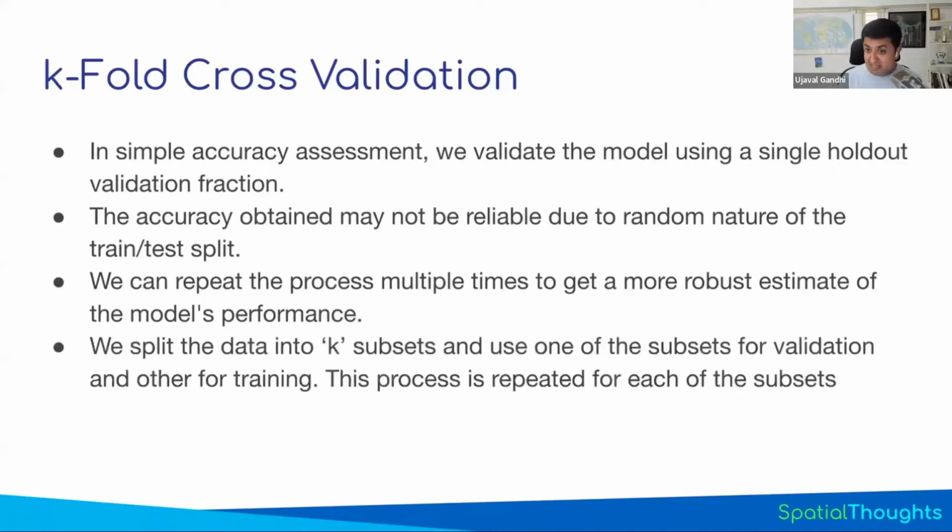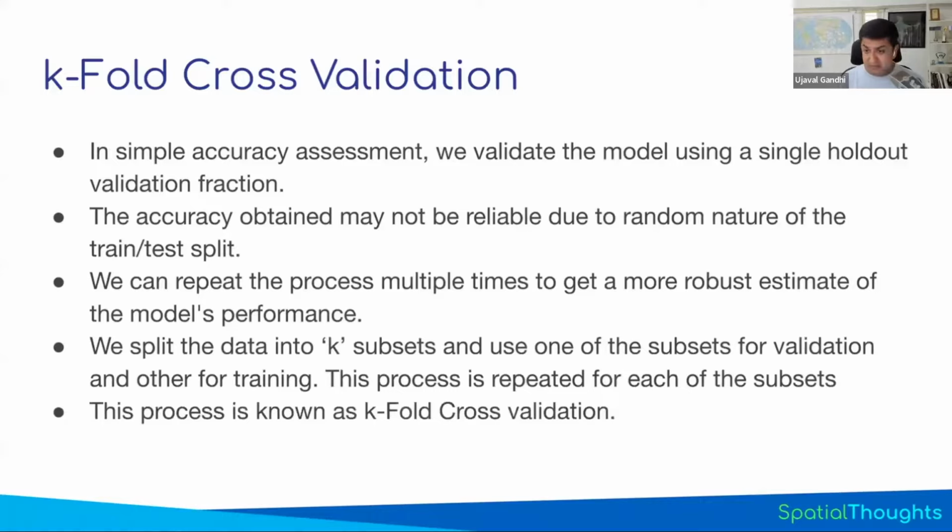This method is called k-fold validation because you divide your training set into k folds and then take one of those folds for validation. The remaining folds are used for training, and you do this k times. Typically the number k people use is 10. So you repeat this process 10 times with 10 different subsets as validation and training.